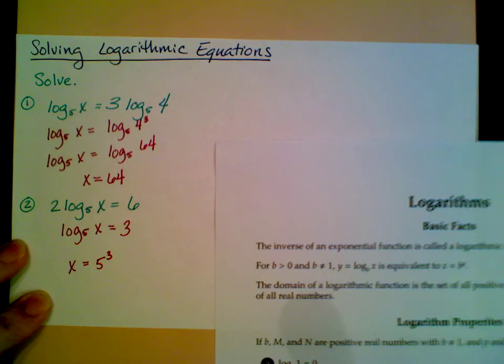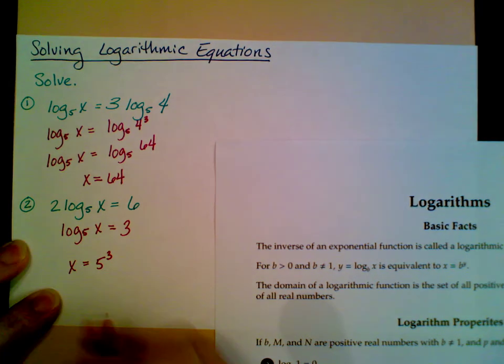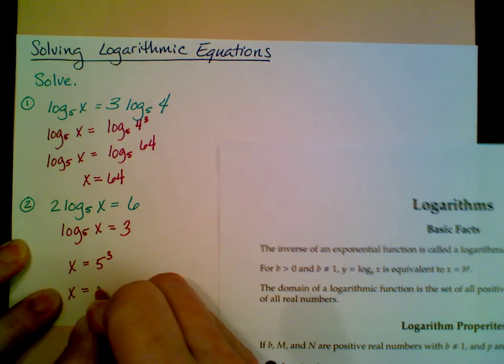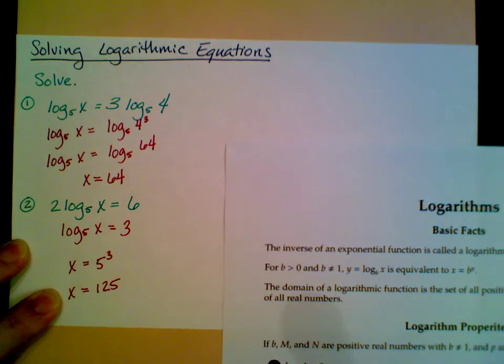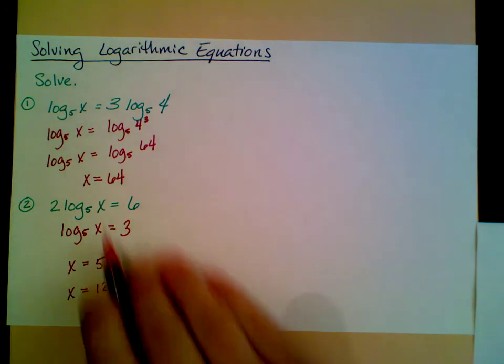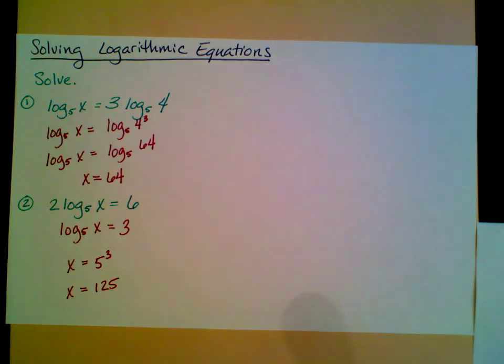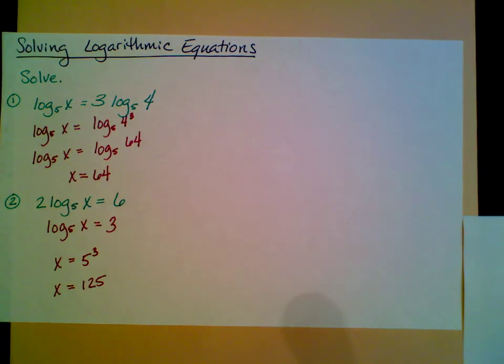So x is equal to 5 cubed. Of course, 5 cubed is 5 times 5 times 5, which is 125. Again, I have a positive value for x, which, since x is the input of a log, that's a good thing, since the inputs of logs cannot be negative.